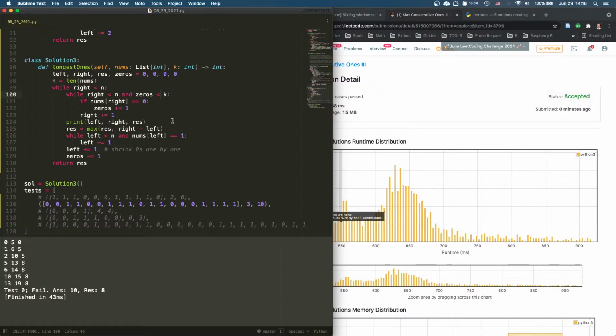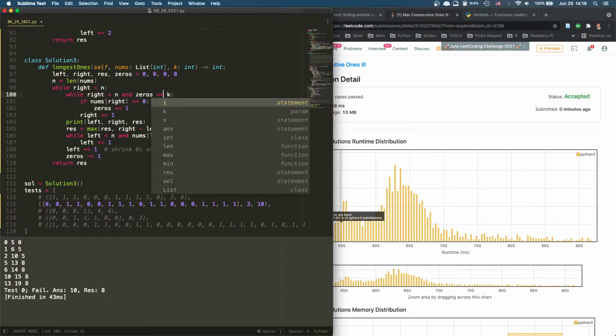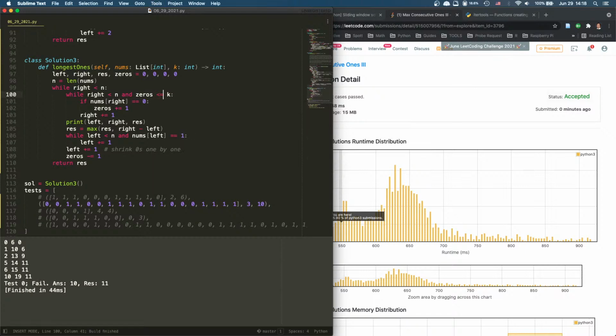And that's why I do smaller equal to k. Now I see why I do smaller equal to k. So I want to keep it going, 0, 1, 2, 3, 4, 5. But then I will move on to 6. That's not ideal.